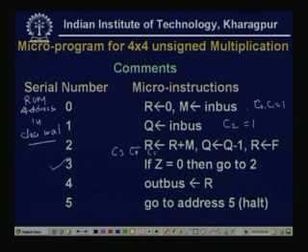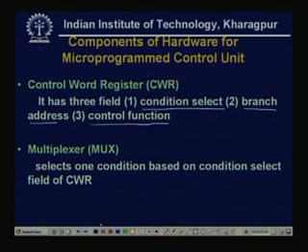Next, if Z equals 0, then go to 2, which in decimal is 010, and go to address 5 is an unconditional 101. So, here it is a branching to address 010, and here it is a branching to address 101.